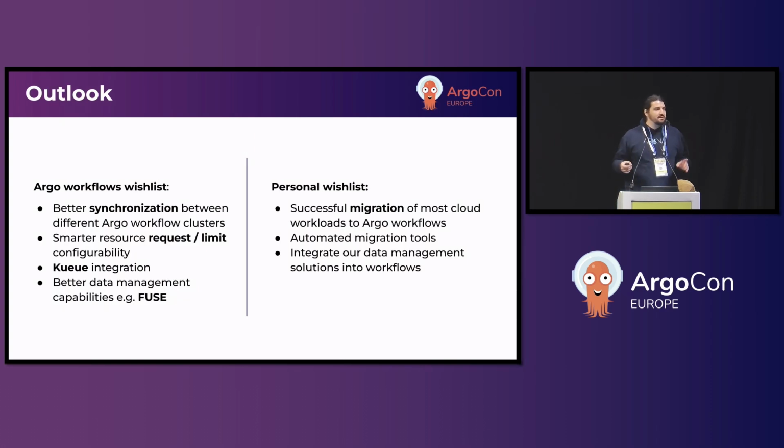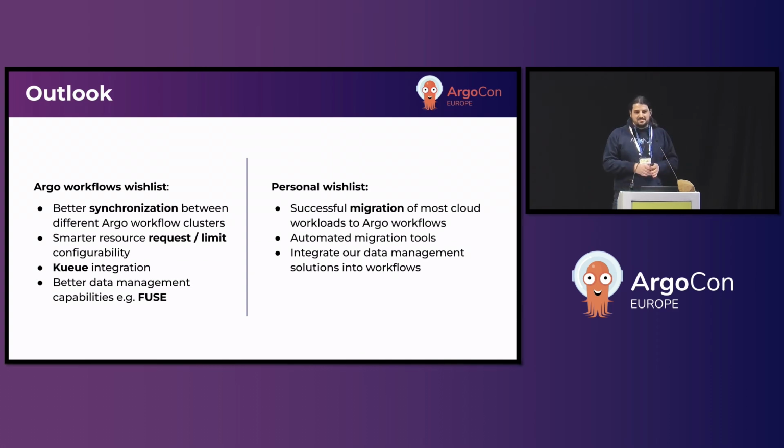A little bit as an outlook, I have a little wish list for Argo and what I want Argo Workflows to do in the future. So better synchronization between different Argo Workflow clusters would be quite convenient. So having a proxy Argo Workflow cluster that just mimics the state back to the initial Argo Workflow cluster would be quite convenient.